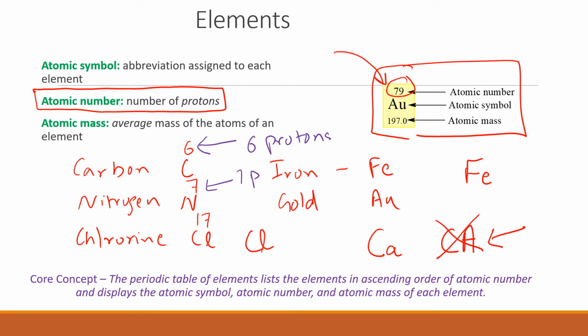In other words, the atomic number is equal to the number of protons in the nucleus. So if you want to determine how many protons gold has, look at the atomic number of gold. It's 79, therefore gold has 79 protons.